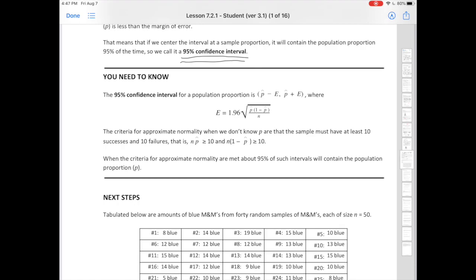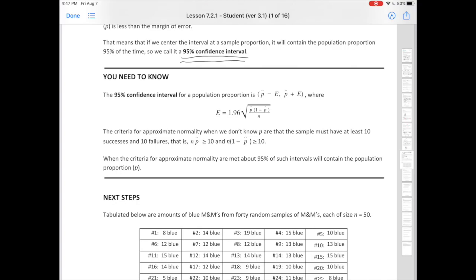That is, n times P hat is greater than or equal to 10, and n times 1 minus P hat is greater than or equal to 10. When the criteria for approximate normality are met, about 95% of such intervals will contain the population proportion P. Okay?